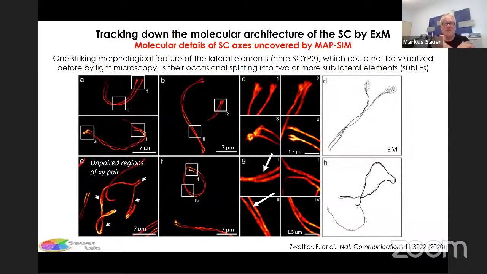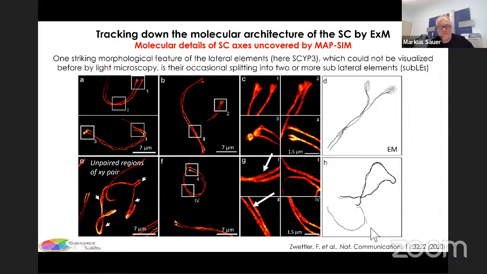But what we discovered in all these experiments, and which is the message, is that using this post-expansion labeling, we discovered details of the organization of synaptonemal complexes which have never been seen by light microscopy before. This is, for example, on the right-hand side, the fraying at the ends of these complexes of filaments, which is clearly seen, and also the splitting of sublateral elements, like shown here. It's not just 2 filaments, it's composed of several filaments, as shown here in electron micrographs.